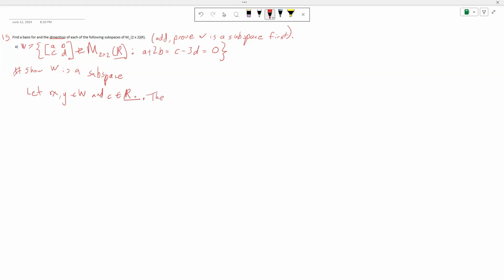Then I'm going to redefine what x and y are. x equals (a1, b1, c1, d1) such that a1 plus 2b1 equals c1 minus 3d1 equals 0, and y equals (a2, b2, c2, d2) such that a2 plus 2b2 equals c2 minus 3d2 equals 0.